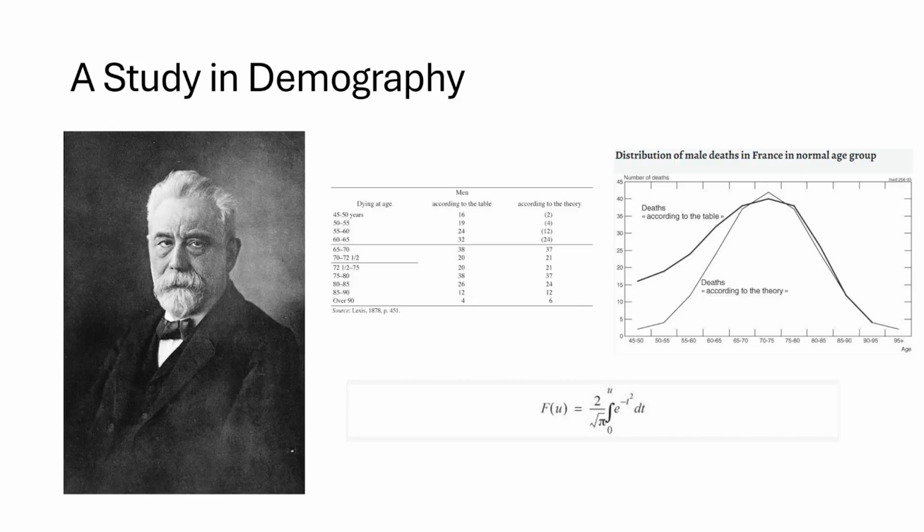Especially if we look at 85 to 90 and beyond, it's pretty much exactly the same. So we're seeing here how the error function, which involves e, is related to a pattern, a distribution of male deaths in France, and how this is real world stuff.